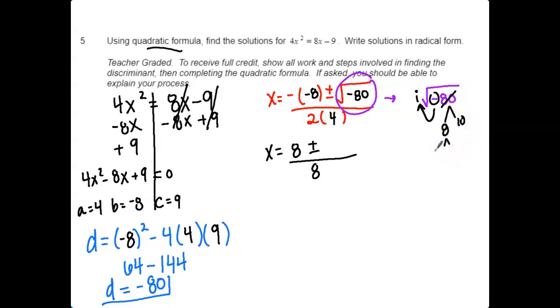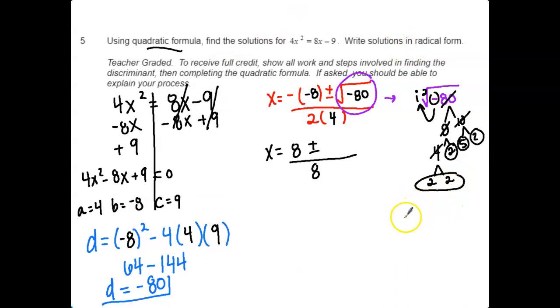This can be broken down into 4 and 2. 2 is prime, I'm going to circle it. 10 can be broken down into 5 and 2. 4 can be broken down into 2 and 2. Remember, we're looking for pairs of two numbers because, again, this was a square root, an index of 2.